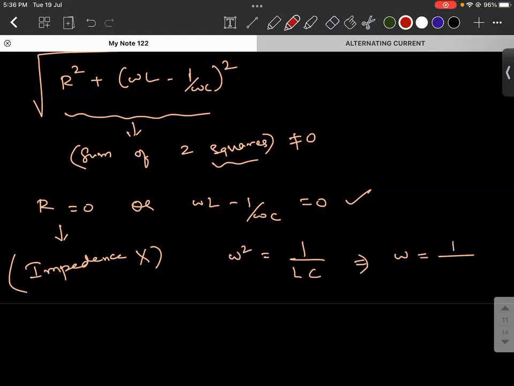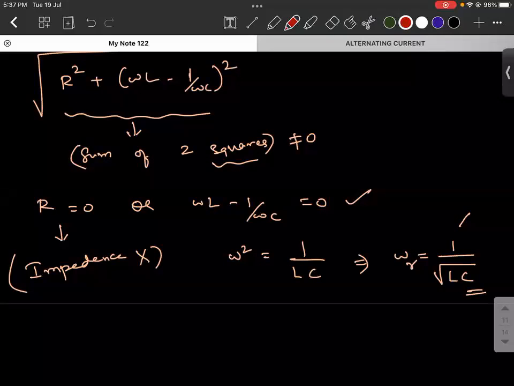Then omega will be equal to 1 divided by root of LC. And this 1 by root LC is what is called the resonance frequency. So omega R is equal to 1 by root LC is what is called the resonance frequency.